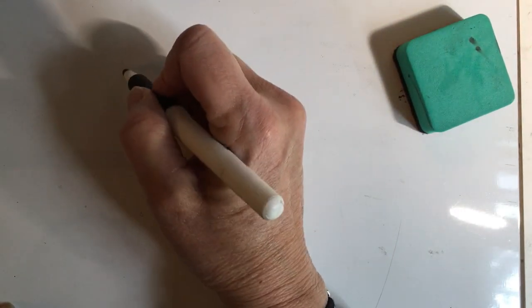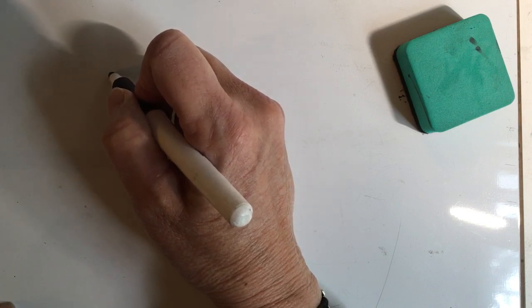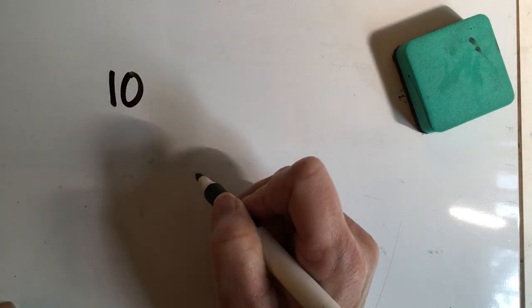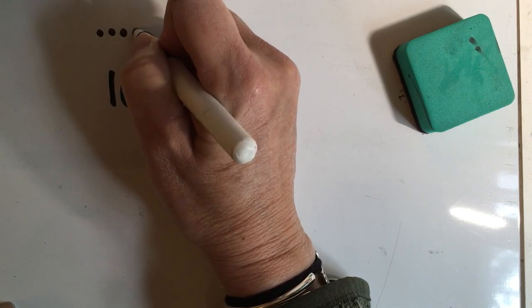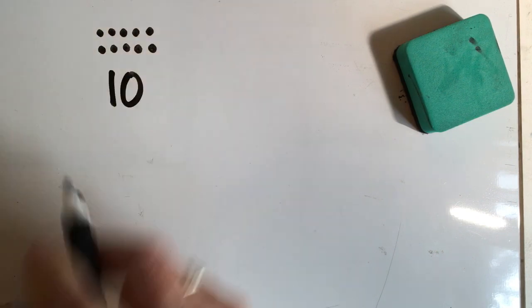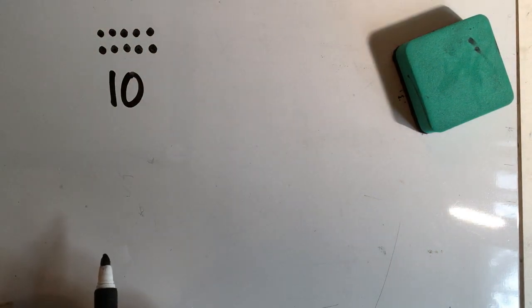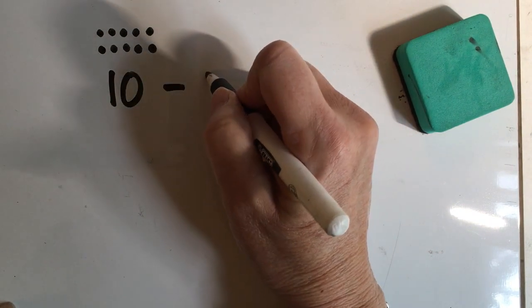All right, I'm going to start with the whole. Oh, let's do a big number, shall we? I'm going to start with the whole 10. So I'd like to have a picture for myself. There it is. There's my 10. And now I'm going to take away 4.